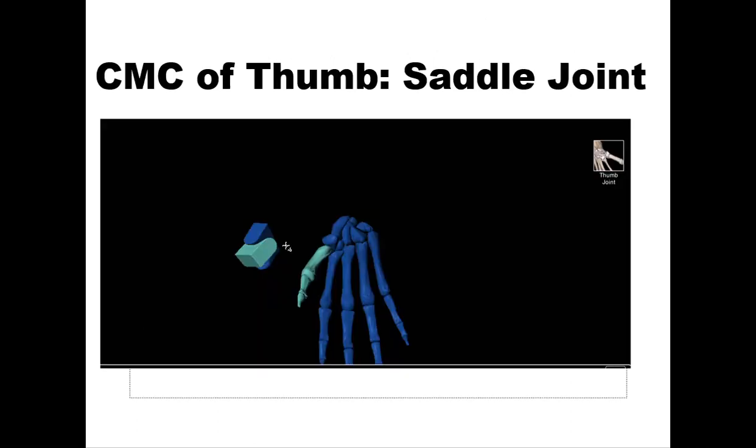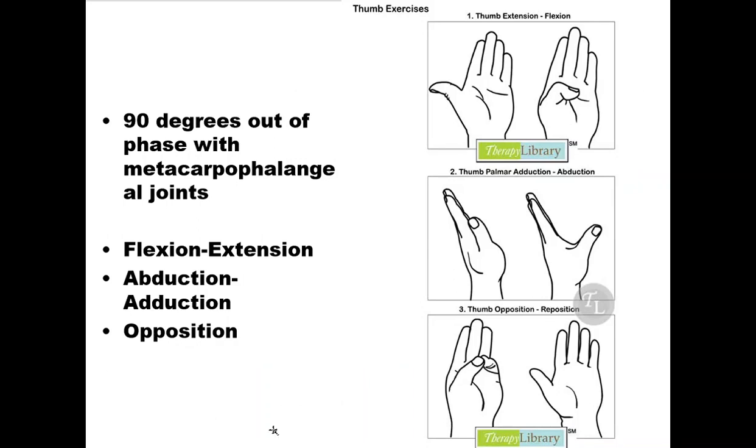So here's a view of the CMC, or the carpometacarpal joint. You can see the saddle joint there. It has a large range of motion. The thumb is interesting because if you just stand in anatomical zero, naturally, your thumb will be anterior to your palm.